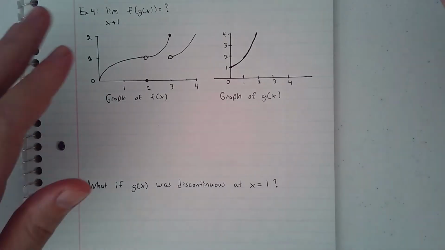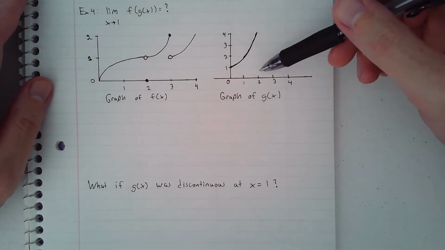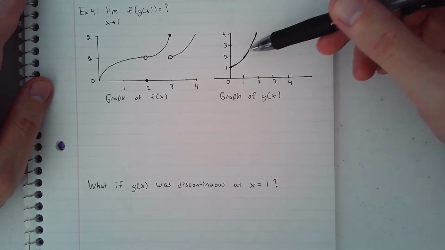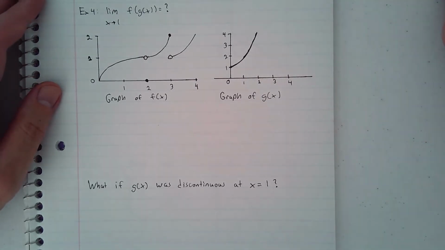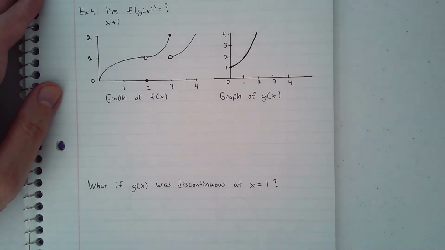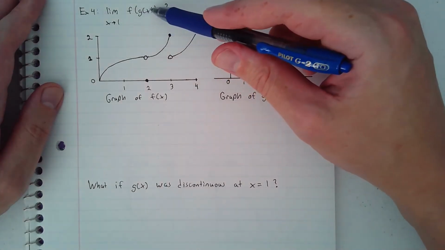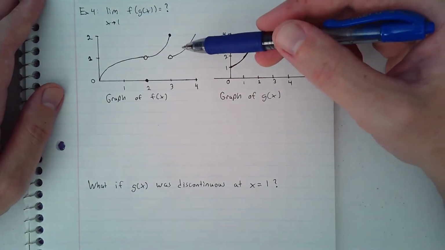Okay, example 4. It's a similar situation, but we have a different graph here for g of x. A graph that is not constant. So what is the limit of f of g of x as x approaches 1?